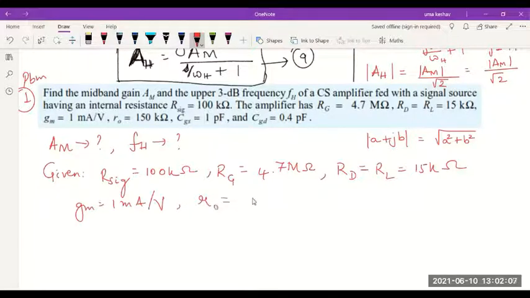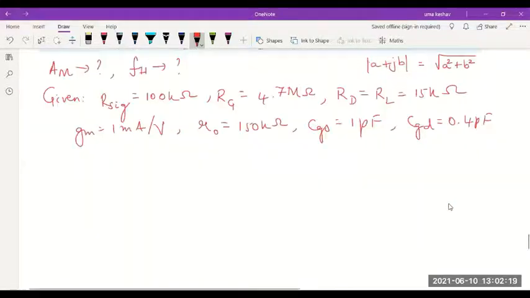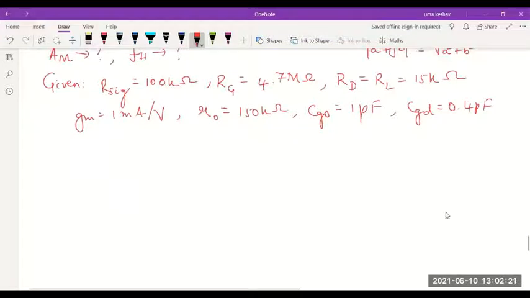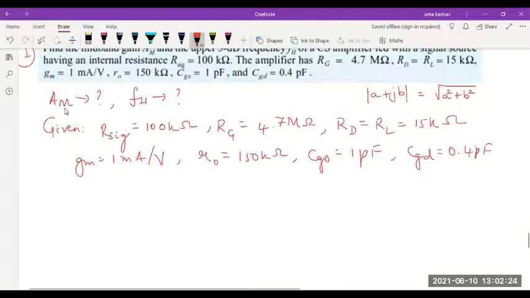R0 is given as 150 kilo ohms. CGS is 1 picofarad. CGD is 0.4 picofarad. All of you take out your calculators or mobile phone calculators. Now you are supposed to find the mid-band gain and also find the higher cutoff frequency.